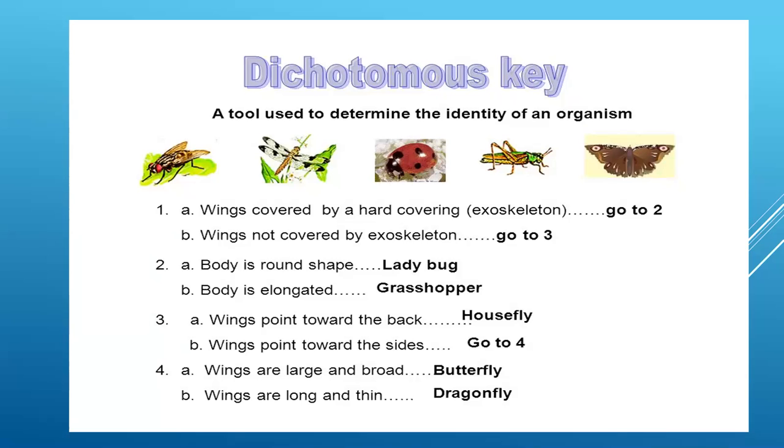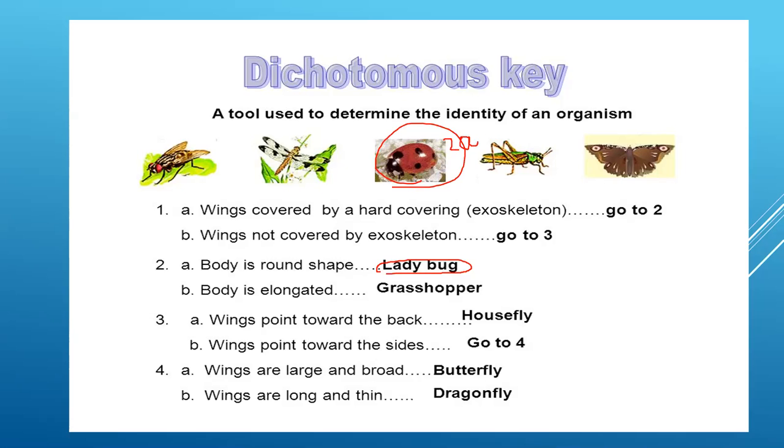Is the body round in shape? Almost all the organisms here have wings, but only one organism is round in shape. So a ladybug can be this creature. So this can be 2A.